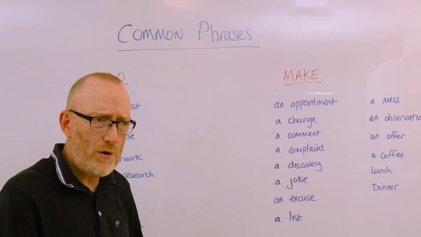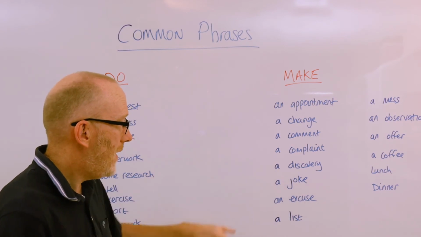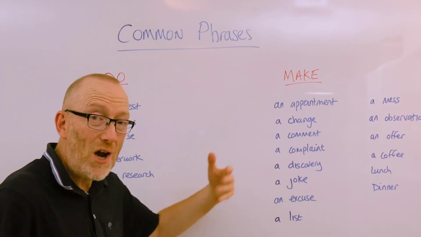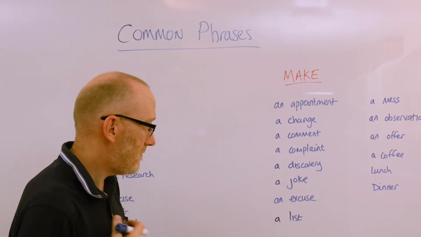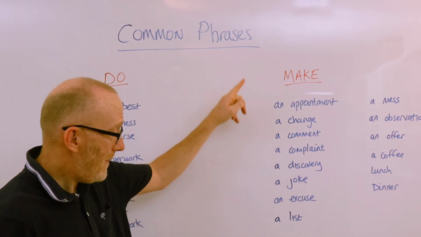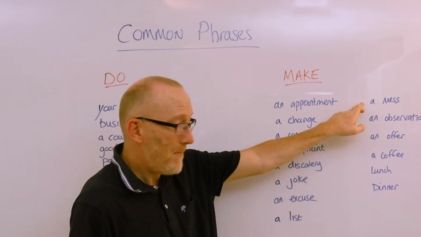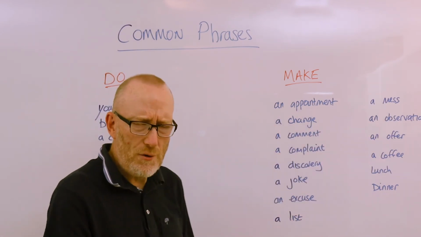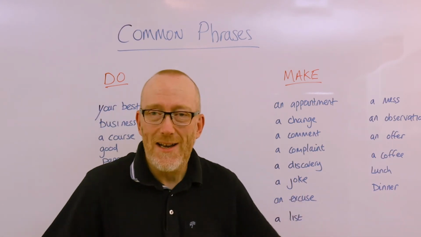To make a comment. A comment is to say something. Make a complaint. Make a discovery. Make a joke. I love to make an excuse. You'll see that I have made a list of words. To make a mess. If you don't know, to make a mess is to create untidiness.